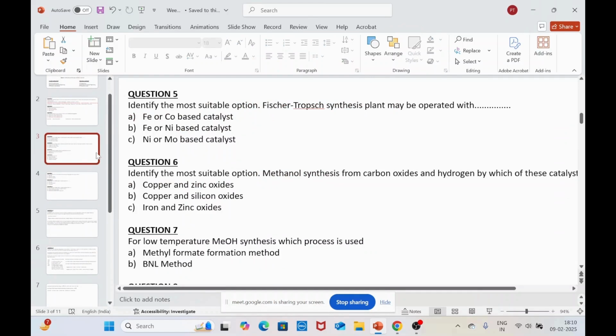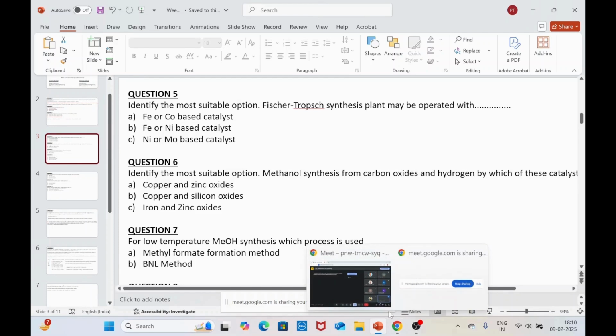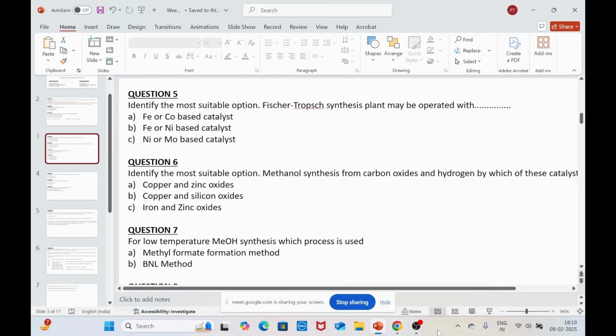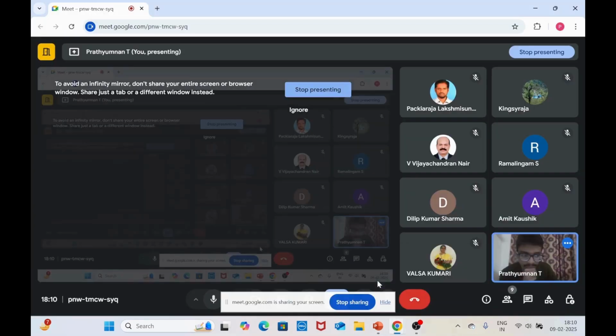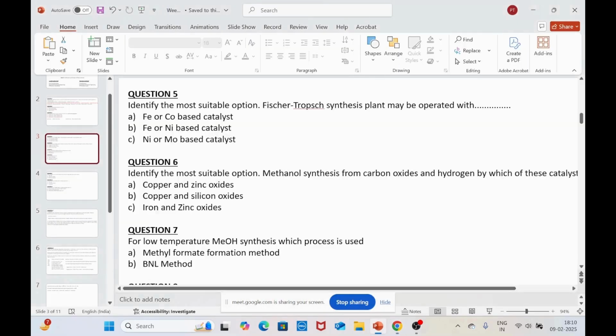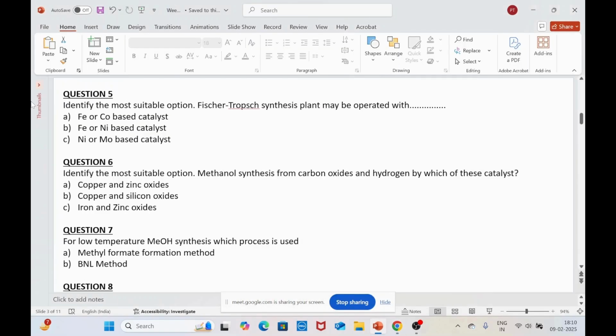Moving on, we have question number 5. Identify the most suitable option. The question is: the Fischer-Tropsch synthesis plant may be operated with what catalyst?